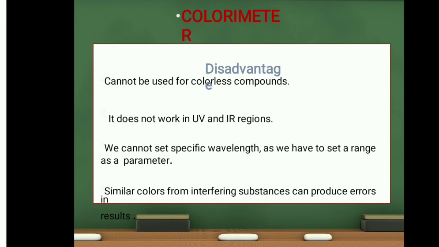Cannot be used for colorless compounds. It does not work on ultraviolet and infrared regions. We cannot set specific wavelength as we have to set a range as a parameter. Similar color from interfering substances can produce error in results.